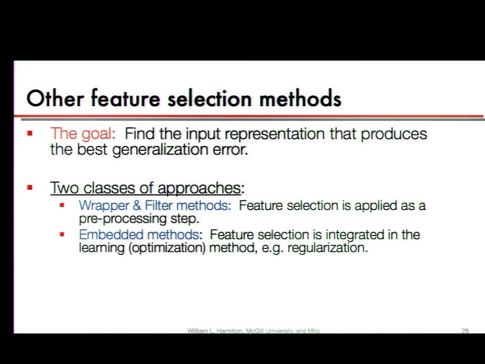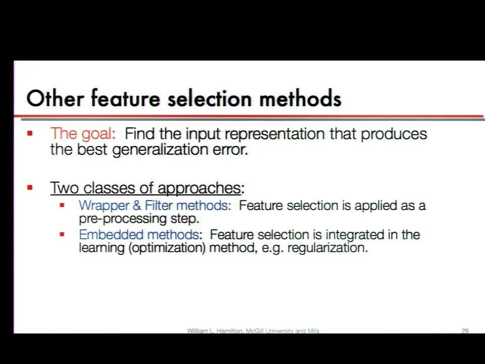So in addition to PCA, there are other types of feature selection techniques. There are really 2 types of approaches. One you can call wrapper and filter approaches. This is basically saying, okay, I have 10,000 features, select me some subset of them that are useful, sort of filtering some out. The others, sometimes called embedded approaches, are really regularization.